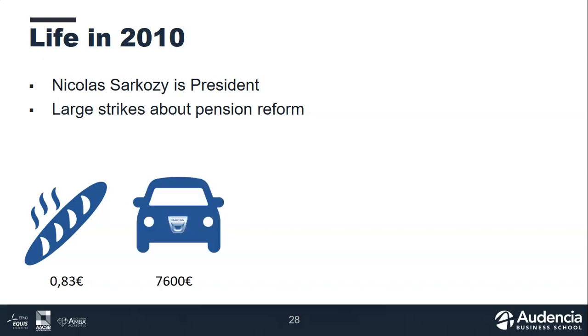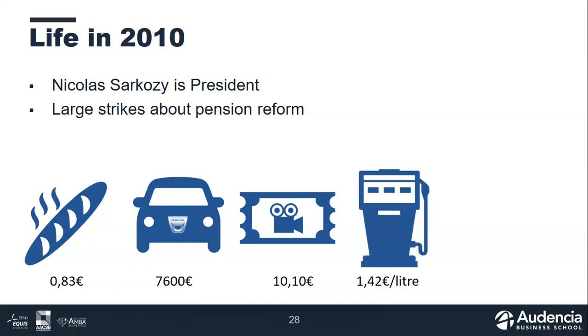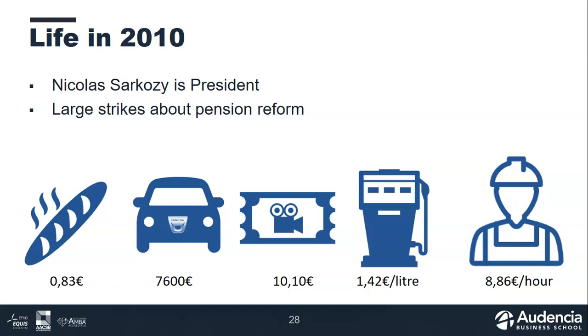A car, the lowest price car, the Dacia Logan, 7,600 euros. A movie ticket cost a little bit more than 10 euros. A liter of gas was 1.42 euros, and the wage went up to 8.86 euros, the minimum wage, per hour.